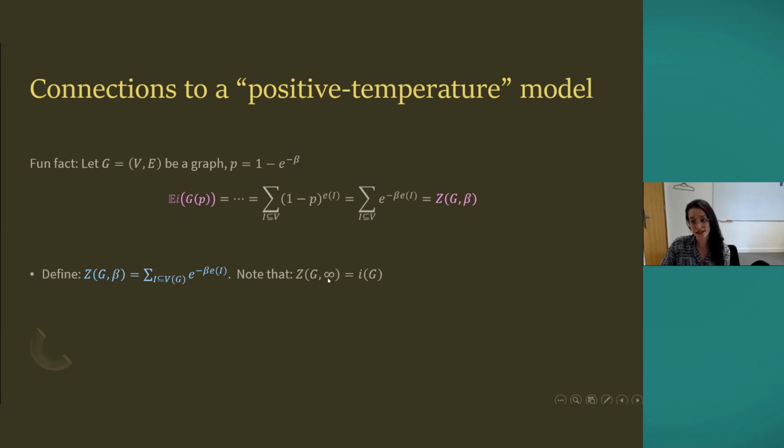And if beta is not tending to infinity, then we have some kind of weighted counting depending on the number of edges in our set. So if beta is very, very large, we will prefer in some sense sets that have only a few edges, and sets that have many edges in them will have very, very small weight.